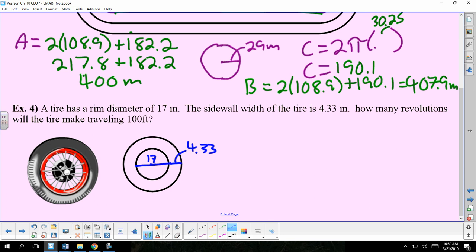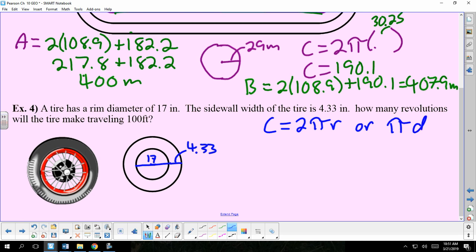How many revolutions will the tire make traveling 100 feet? We want to know how many times the tire will go around if it travels 100 feet. This is much how the odometer on your car works, how it keeps track of how many miles your car travels by simply counting revolutions. So first, I want to figure out the circumference. I'm going to use 2 pi r, or I can use pi times diameter.